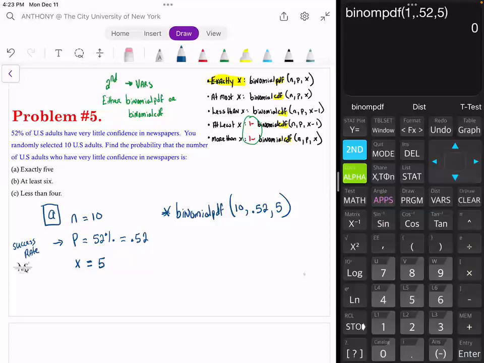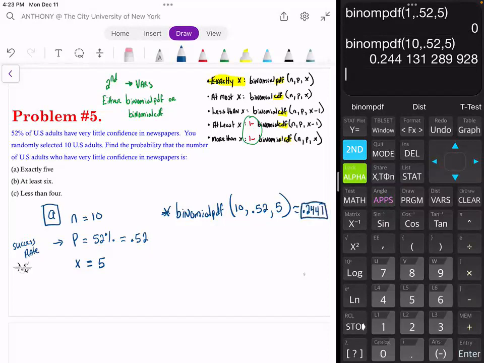Oh, sorry, it didn't put the 10. Oopsie, gotta do it again. Binomial PDF 10, comma, 0.52, comma, 5. There we go. When I round this answer to 4 decimal places, we get 0.2441. And that will be your solution.